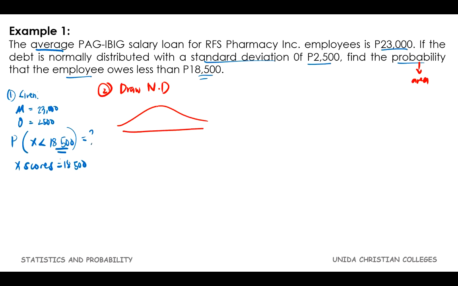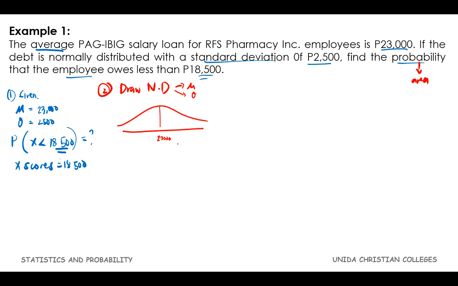Okay. So, kapag nag-drawing tayo ng normal distribution, the first thing that we are going to input is our mu, our average. It is 23,000. The second input that we are going to do is the standard deviation. Pag sinabi nating standard deviation, this is how our data being spread out from the mean.